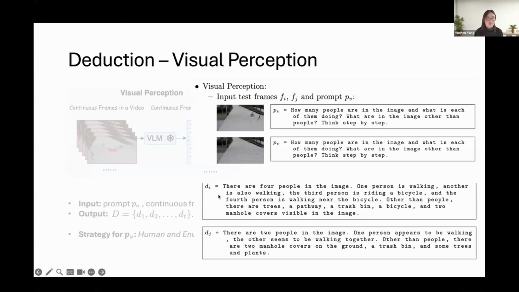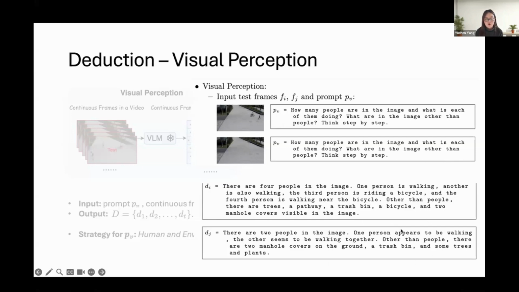This is the description for the abnormal frame. It says one person is walking, another is walking, a third person is riding a bicycle, and a fourth person is walking near the bicycle.